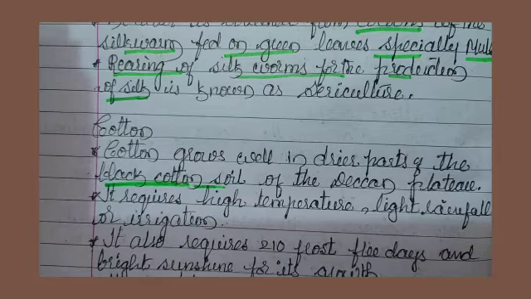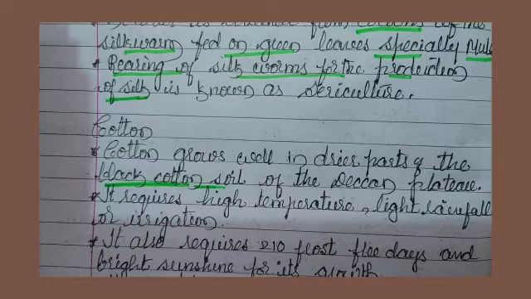Cotton grows well in the drier parts of the black cotton soil of the Deccan Plateau. It requires high temperature and low or light rainfall, or irrigation facilities in the lowest rainfall areas.